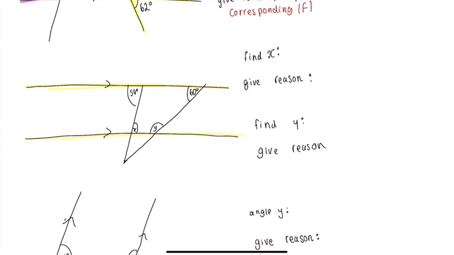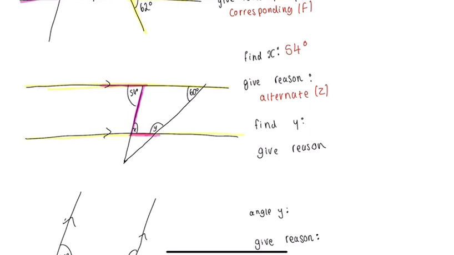Well, let's have a look. If I highlight the two lines that make x, I can see if I continue this here, I've got a little Z shape there, which means that those angles are alternate. Now, because they are alternate, we know that they must be the same. Therefore, x must be 54.